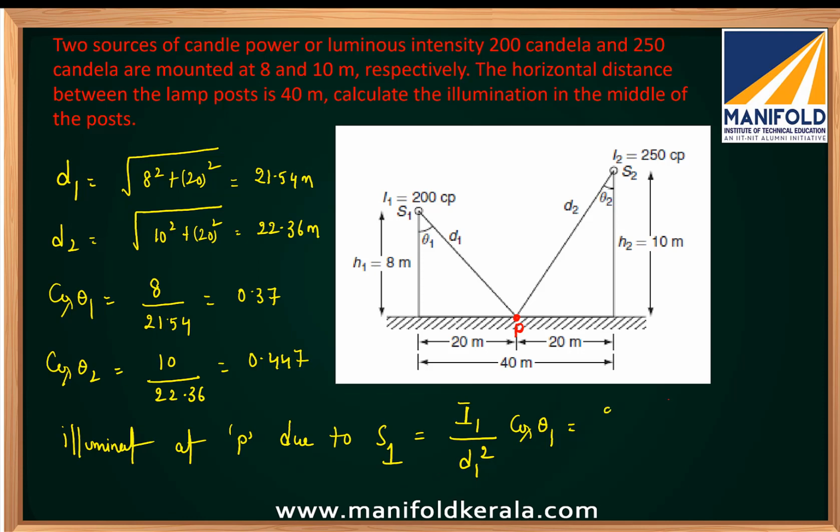So the luminous intensity of the first source is 200 divided by the distance value we have computed, 21.54 whole square, into cos theta 1 value 0.37. So this value will give you how much? 0.159 lux. So this is the illumination at point P because of source 1 alone.